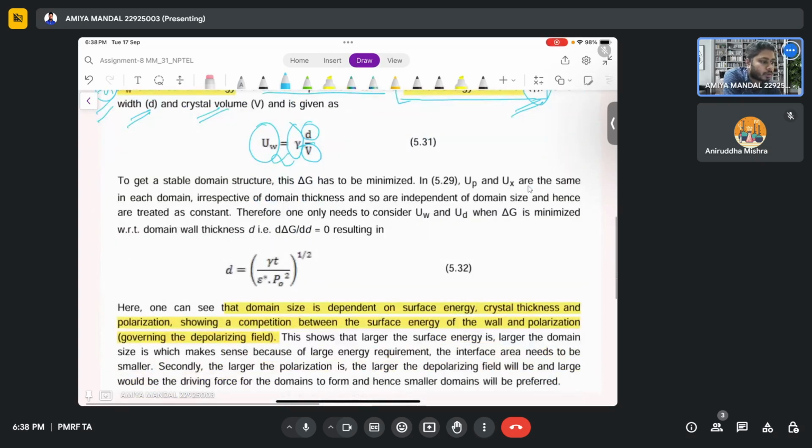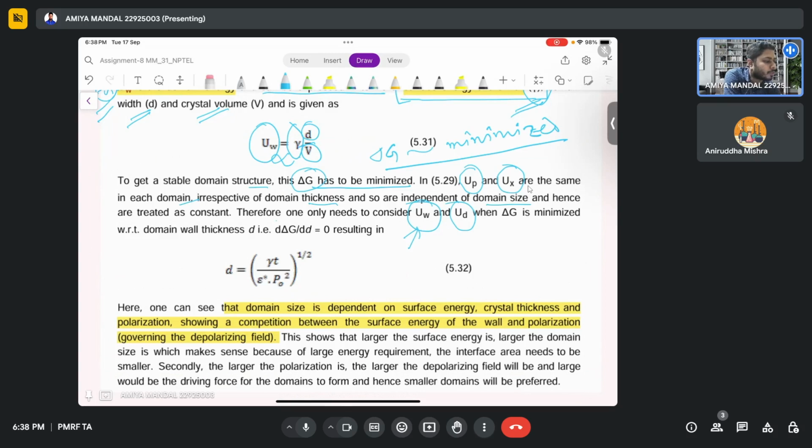To get a stable domain structure, this delta G has to be minimized. For this, what do we have to do? UP and EX values are the same in each domain. They are constant, irrespective of the domain thickness, so independent of the domain size. Hence, we have to treat UW, that is the domain energy, and UD, that is the internal and external field energy.